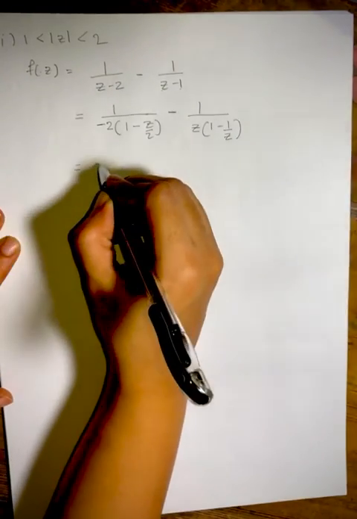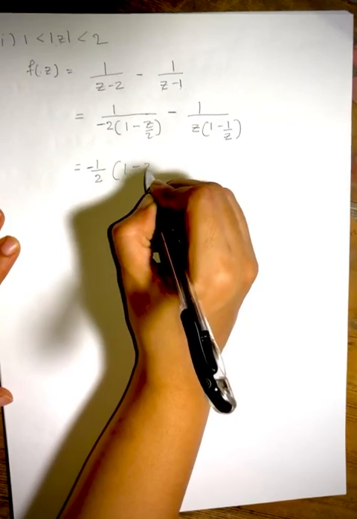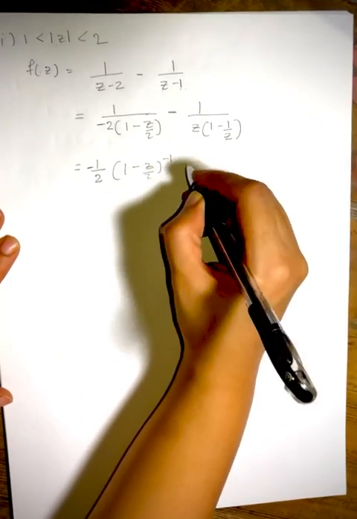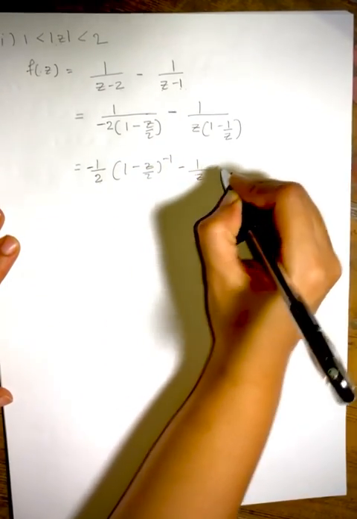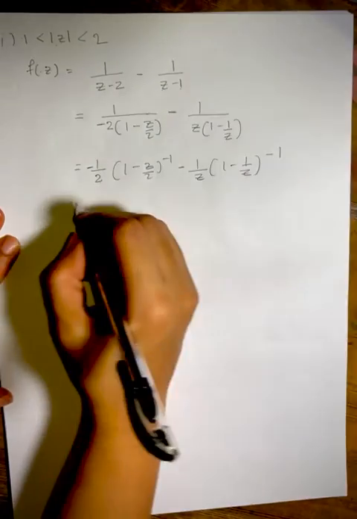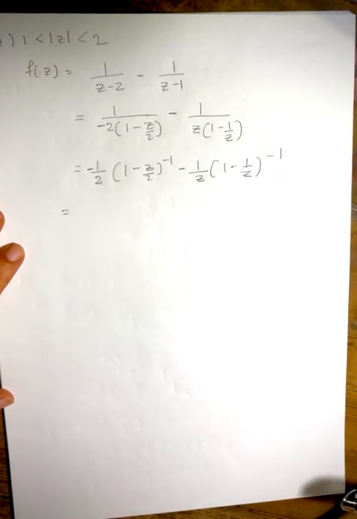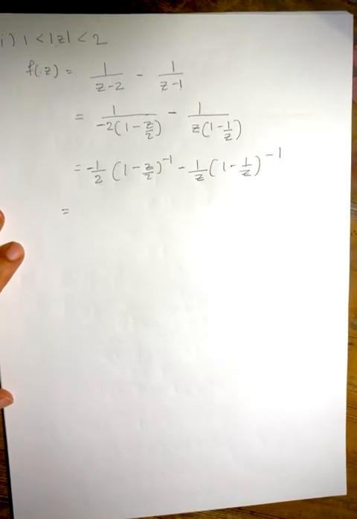And just like before, we can write it as minus half into 1 minus z by 2 to the power minus 1, minus 1 by z, 1 minus 1 upon z to the power minus 1. And again this can be expanded using the 1 minus d to the minus 1 formula.